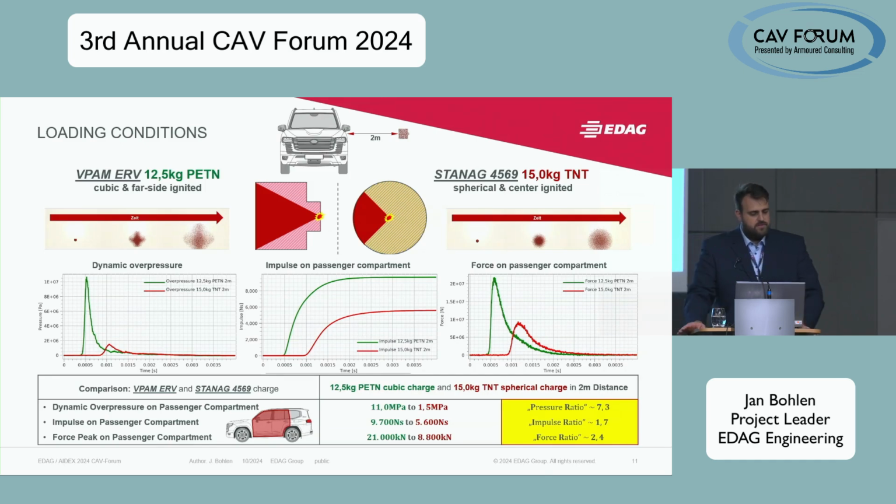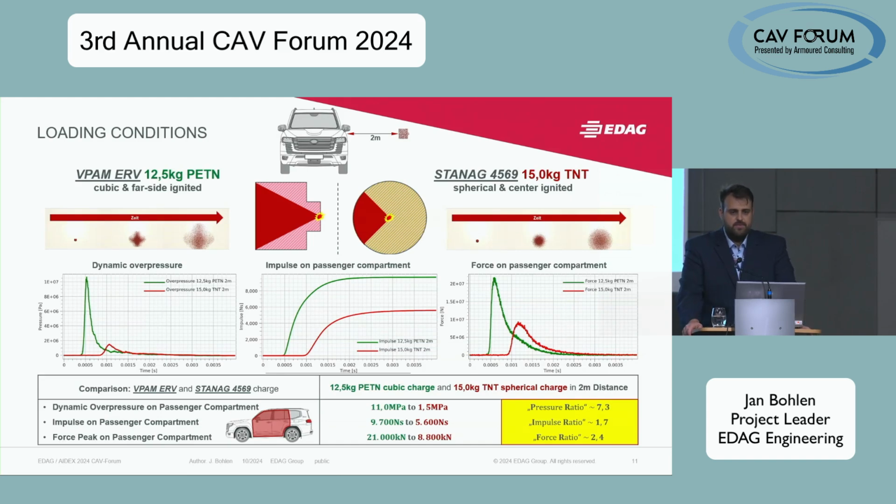Regarding the dynamic overpressure, we have a ratio of 7.3 between those two charges. The impulse, so in the end the sum of all forces over time, is 1.7 times higher, and the force peak is around 2.4 times higher.